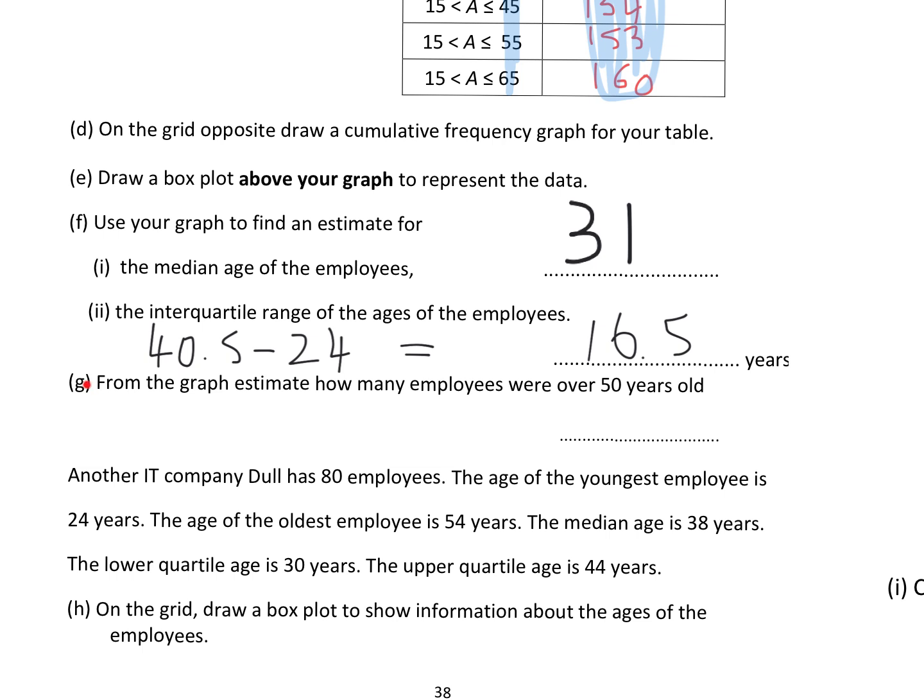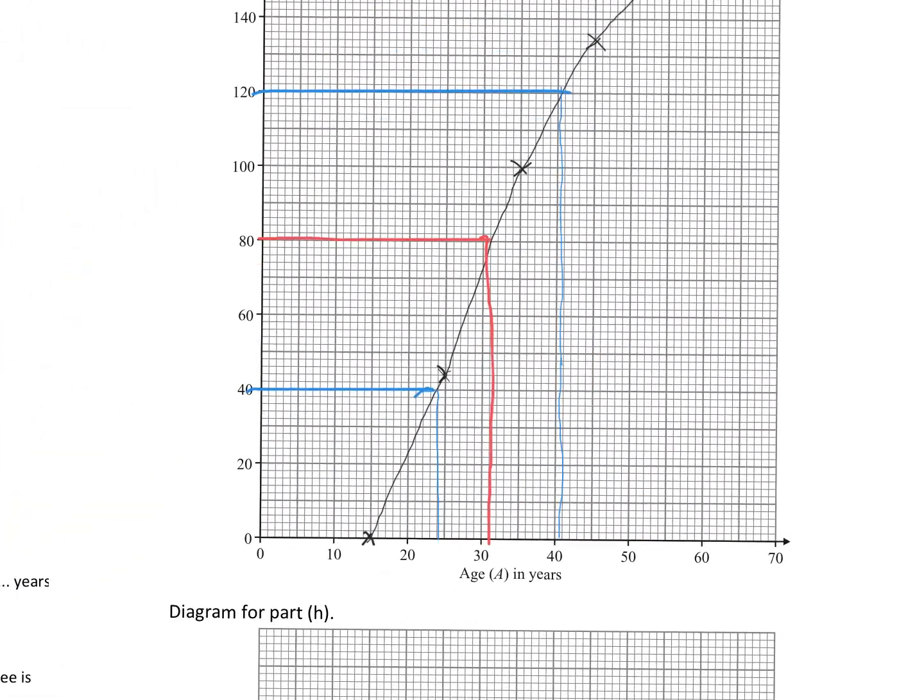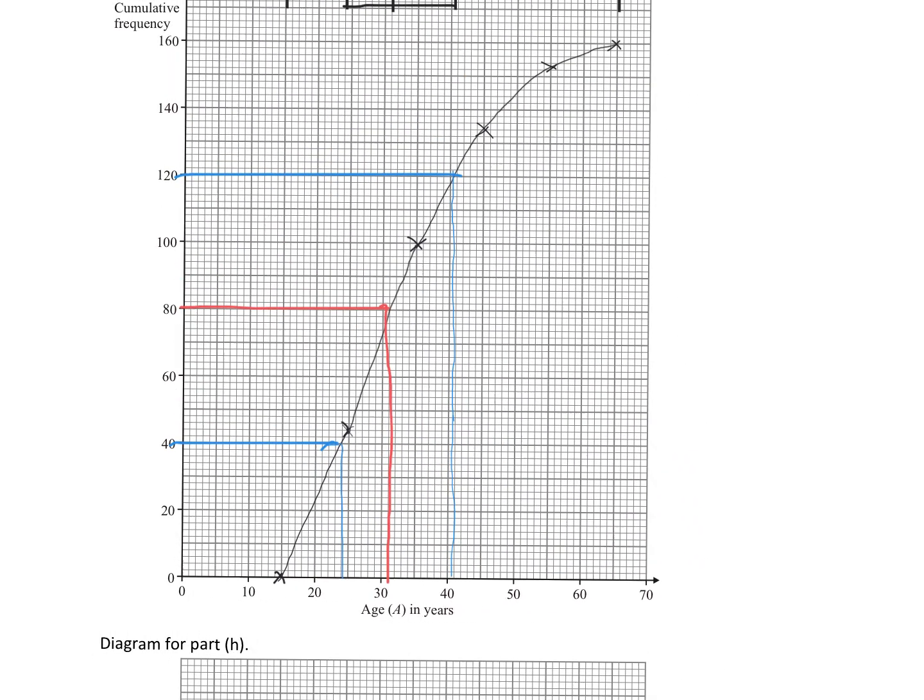Then part G, from the graph, estimate how many employees were over 50 years old. So the key number here, first of all, before we try to understand it, is let's go to 50 and see what number we get. 50 years old. So 50 is here.